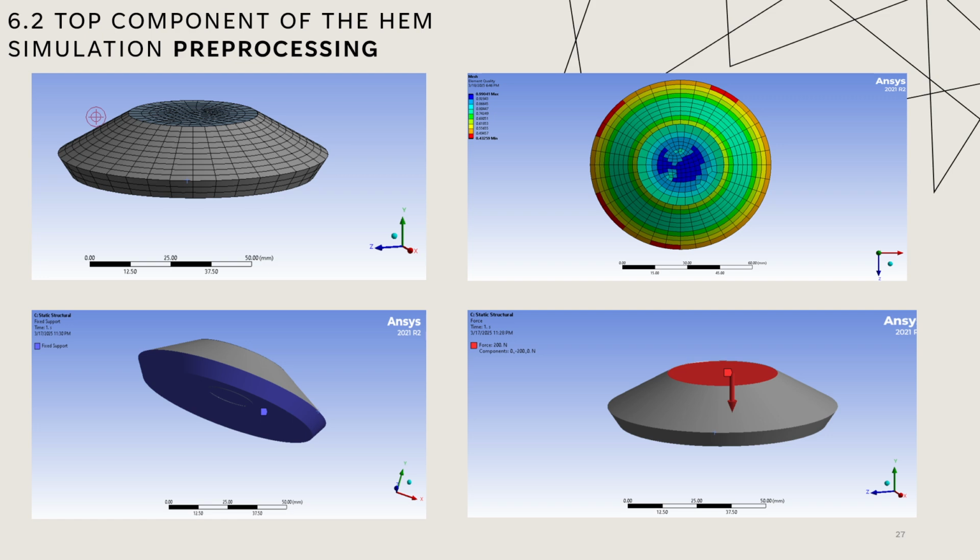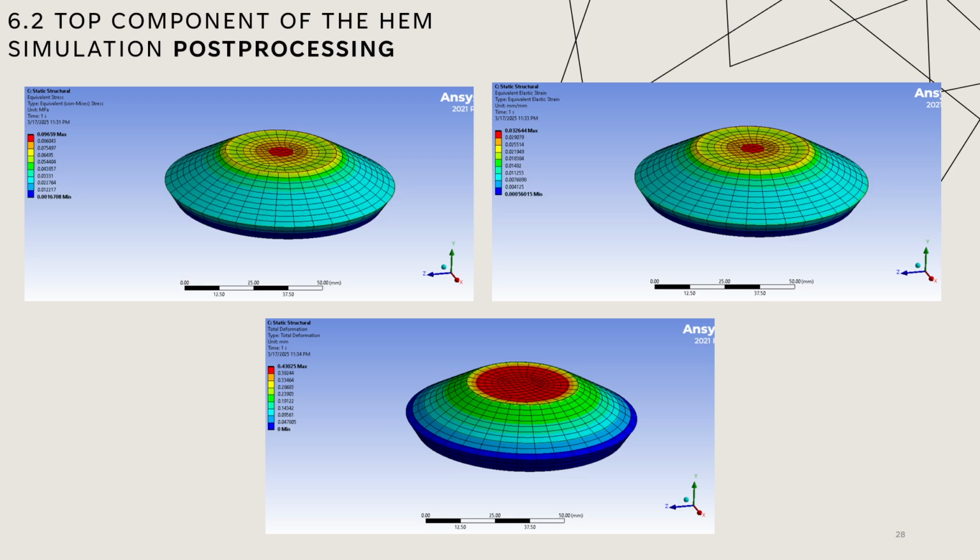After that, I put a fixed support condition on the bottom of the structure and a 200 Newton force on the top of the cap. And this is our result post-processing.